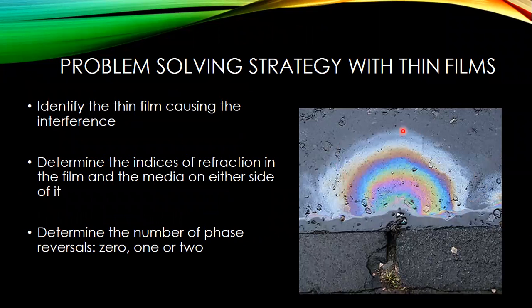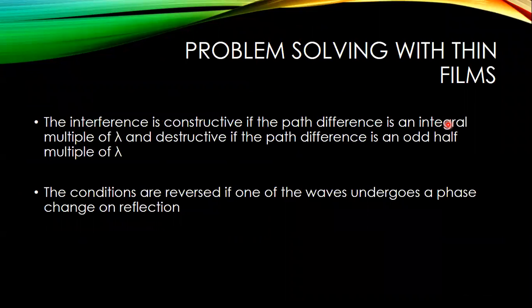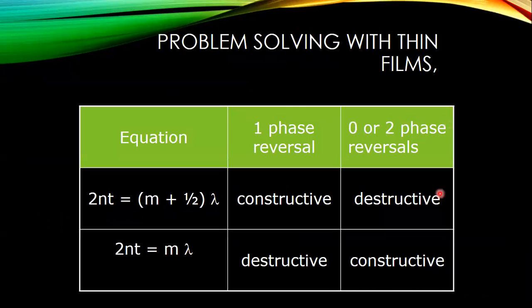So basically, when we're looking at thin films and trying to figure out which colors are going to be reflected and which colors are not, we need to, first of all, understand the conditions of constructive and destructive interference, and also the wavelength inside the actual material.